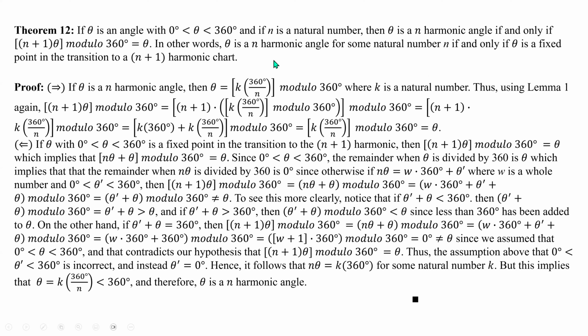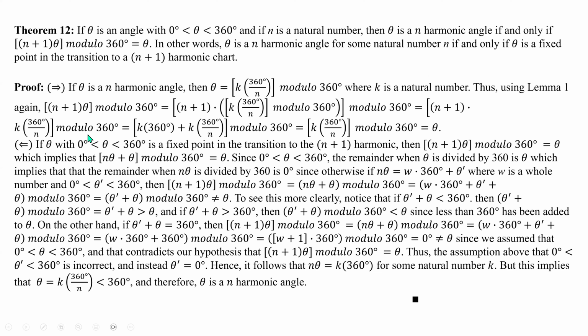Well, let's look at the proof, and remember, since this is if and only if, we have to prove it in both directions. Assume this, prove this, and then assume this, and prove this. So, first part, if theta is an n-harmonic angle, that means that theta is equal to k times 360 degrees over n, modulo 360 degrees, where k is a natural number.